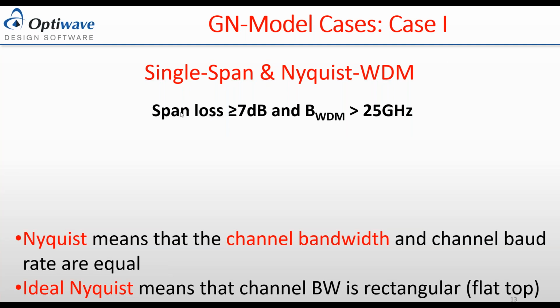So in this assumption, the span length would be more than 35 kilometers. If it is less, the calculation would not be that accurate. However, you can still do the calculation. The WDM channels have to be more than 25 gigahertz.